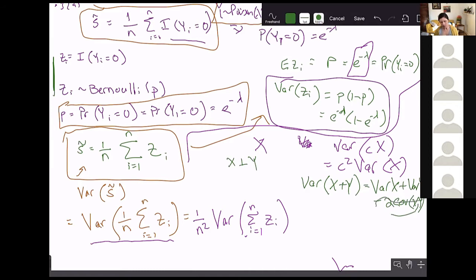Yeah. So in this particular case, the y's are independent, which means that the z's are going to be independent. And if the z's are independent, then we can pull this summation term out, because the covariance that would have to exist between all of these separate ZI terms is going to be equal to 0. But you can only pull out the summation from the variance when the random variables are independent, when they're IID.